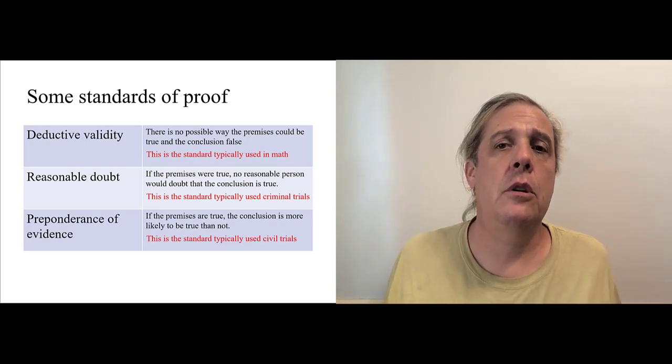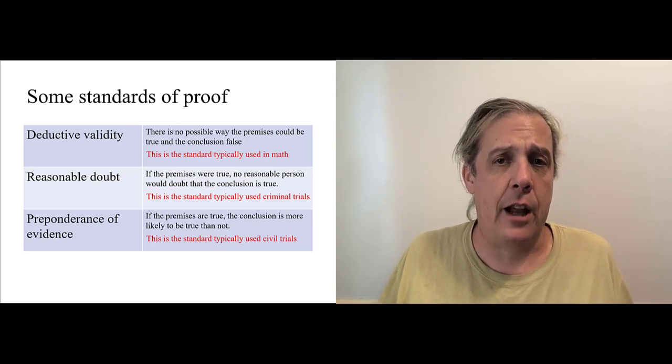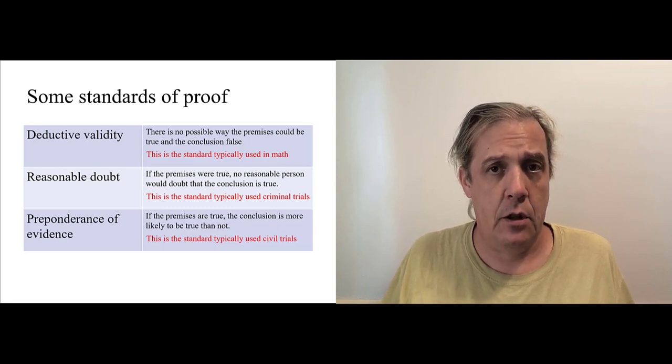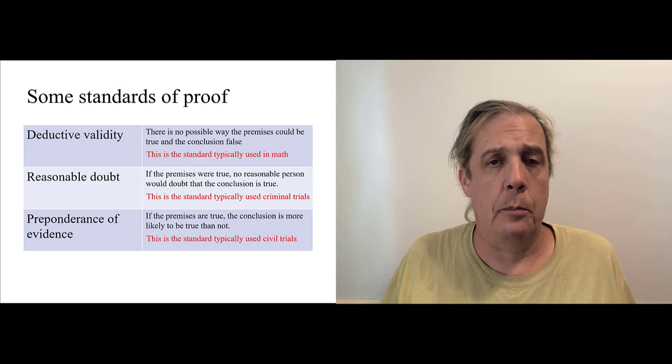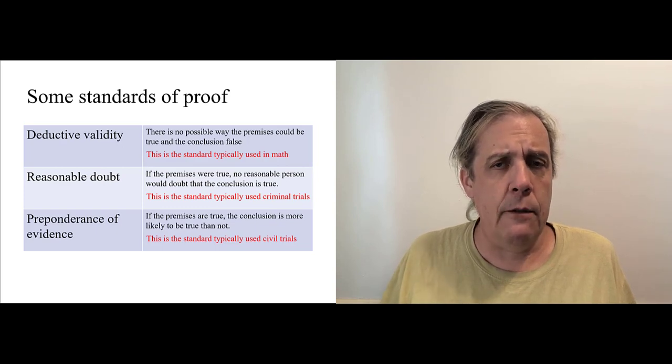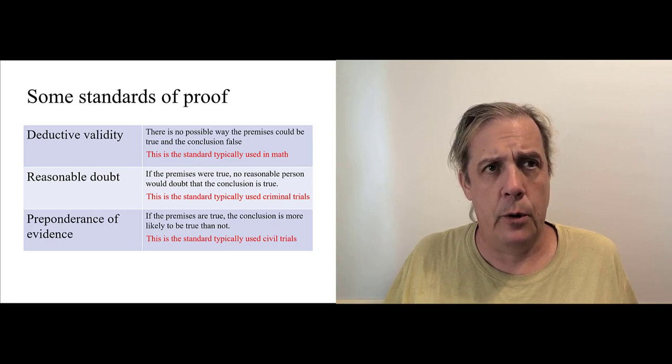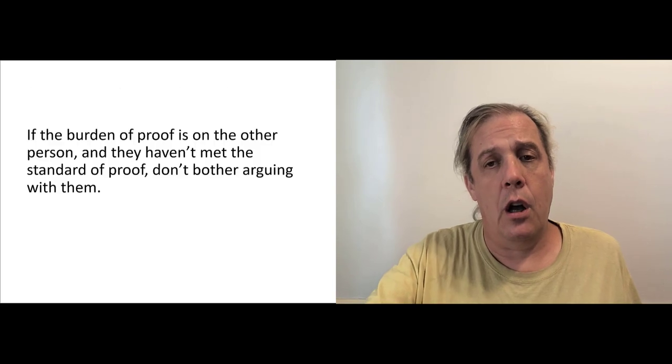Now, we're familiar with ideas of standard of proof and burden of proof from legal cases where they're fixed constitutionally. But in informal situations, we often lose track of where the burden of proof is.